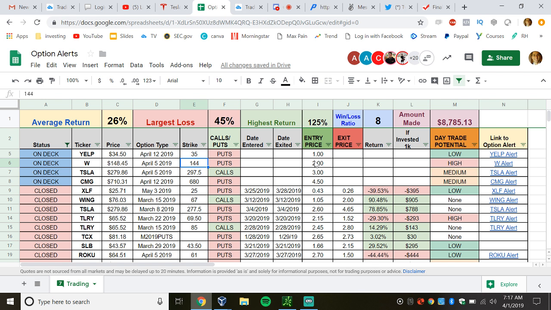So if I want to enter it really quickly, I just have to go to my position screen. It's really easy to have your alerts up if you just enter a buy order for them, good to cancel. I'm going to do that for Wayfair.